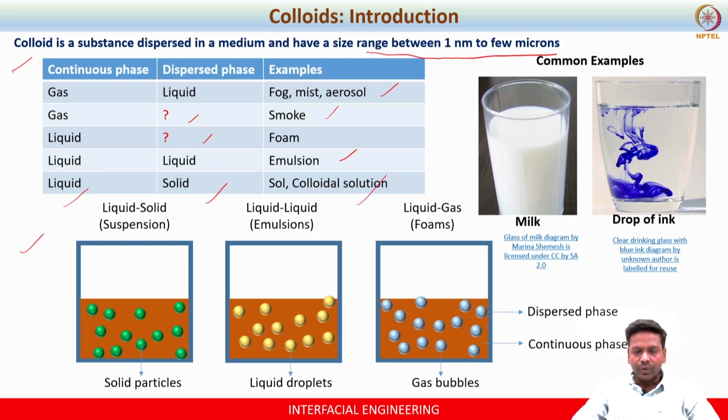If you want to understand, milk is a good example of an emulsion. It contains about 90 to 92% water, and you have fat globules and protein particles. Here the fat globules are dispersed in the continuous medium, that is water, and protein particles are used as a stabilizer to stabilize these fat globules.